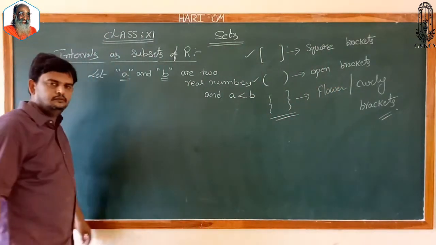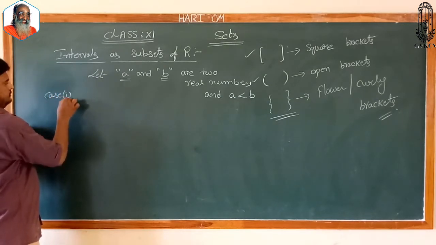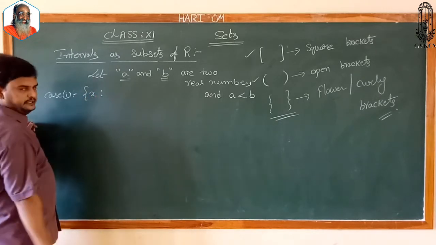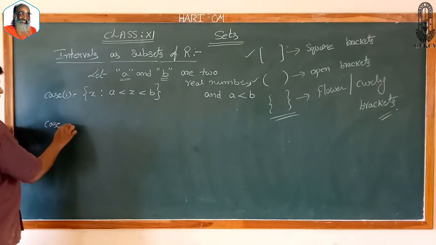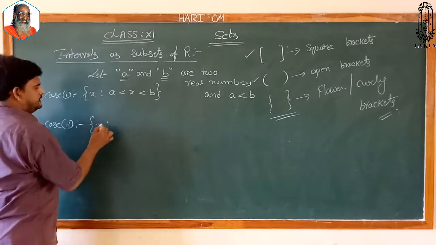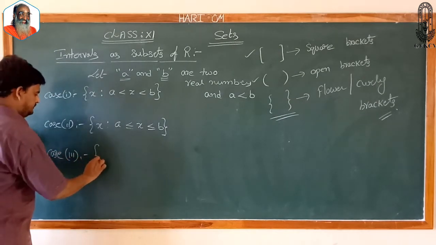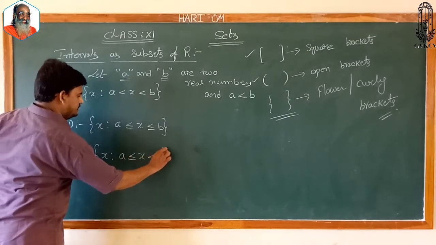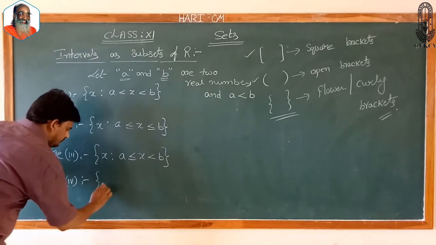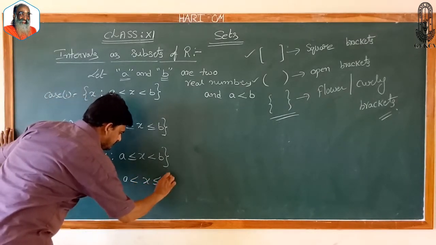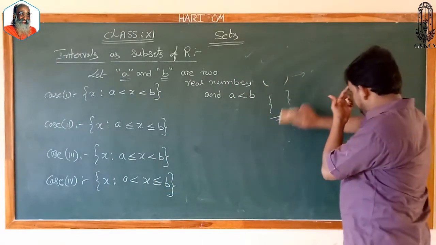Now we have total four conditions. For example, case 1: x such that A less than x less than B. Case 2: x such that A less than or equal to x less than or equal to B. Case 3: x such that A less than or equal to x less than B. Case 4: x such that A less than x less than or equal to B. So here we have total four cases.